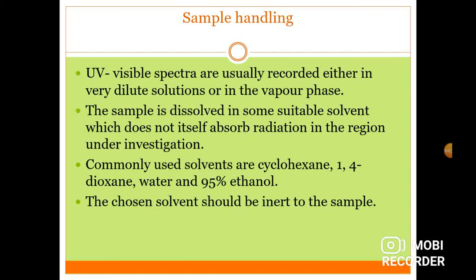Commonly used solvents are cyclohexane, 1,4-dioxane, water and 95% ethanol, which do not absorb in the UV visible region. If the solvent absorbs, we cannot distinguish the sample peak from the solvent peak. So to reduce these errors, we use a solvent that does not itself absorb in the UV region, such as cyclohexane, 1,4-dioxane, water, and 95% ethanol.